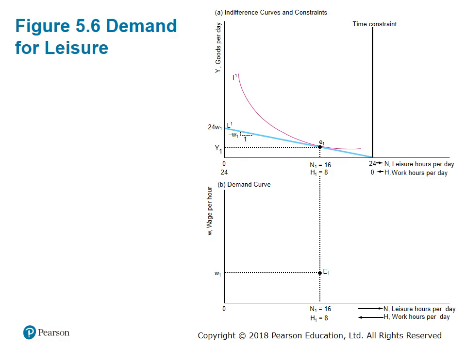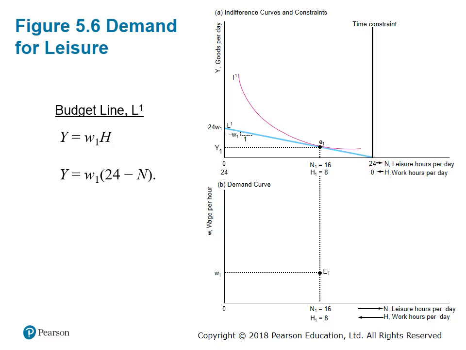But we can also measure the hours of work on the horizontal axis just in the opposite direction, from right to left, from minimum of 0 on the right-hand side to a maximum of 24 on the left-hand side. Hence, the budget line has two intercepts on the horizontal axis.